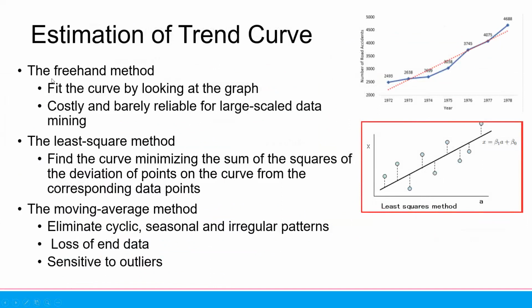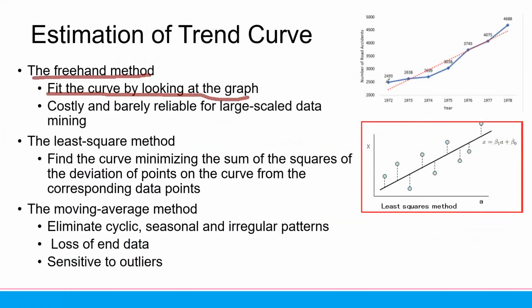We can do some estimation. If there is some trend, then we can have three methods. The first method is the freehand method. The freehand method means we fit the curve by looking at the graph.